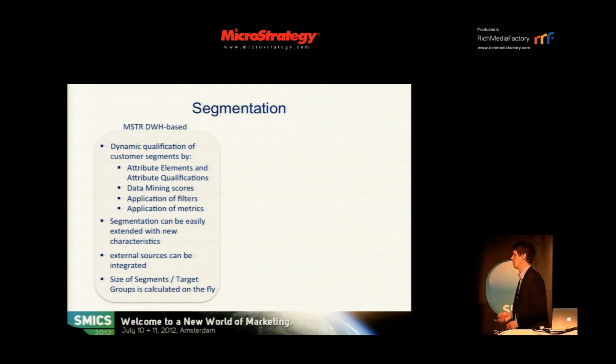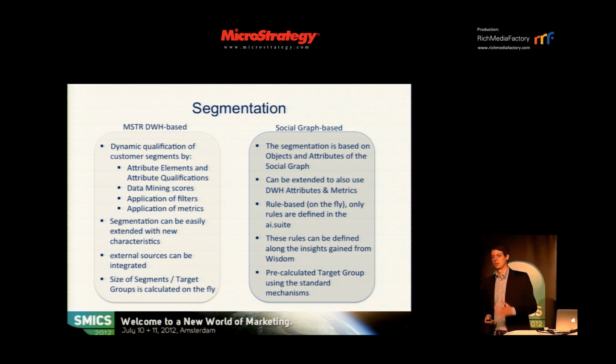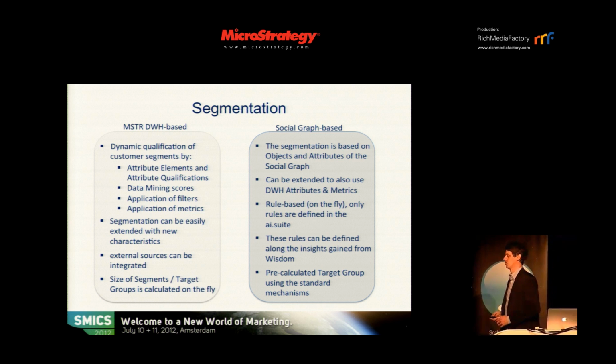So talking about social media, it gets more interesting. From my perspective at least, the segmentation can be based on the social graph. If the Facebook user gives you the permission to access the social graph, then this can be used for on-the-fly segmentations.